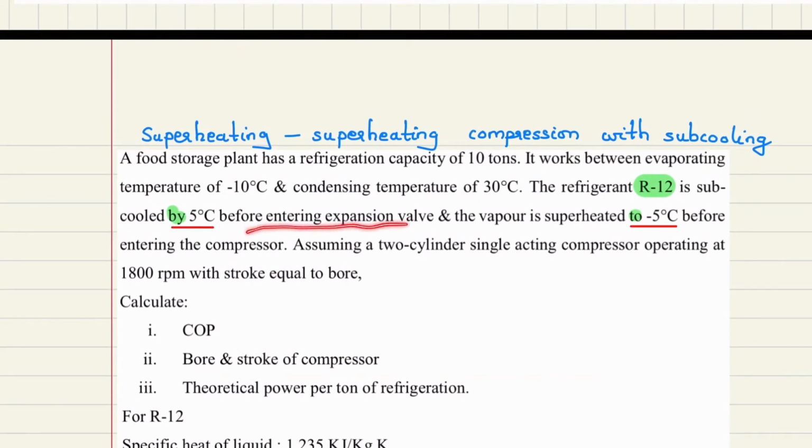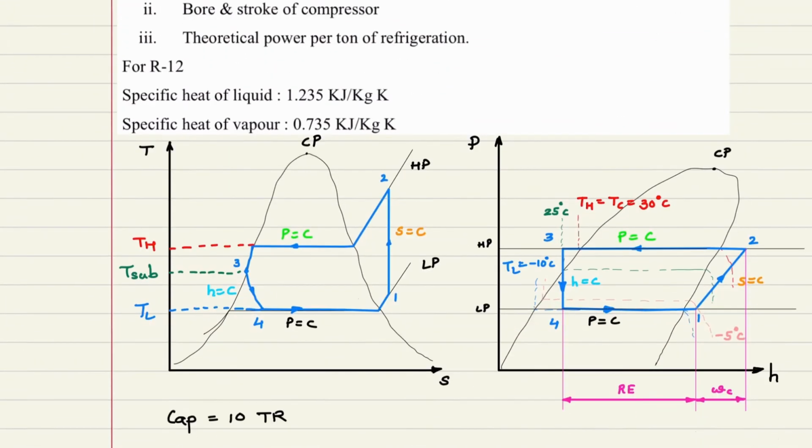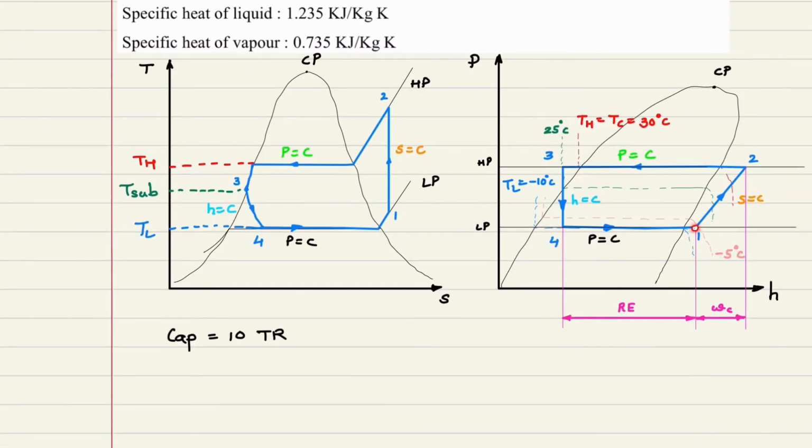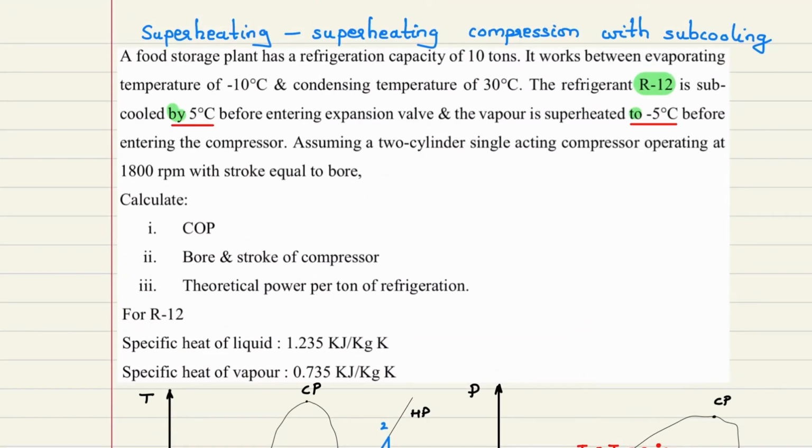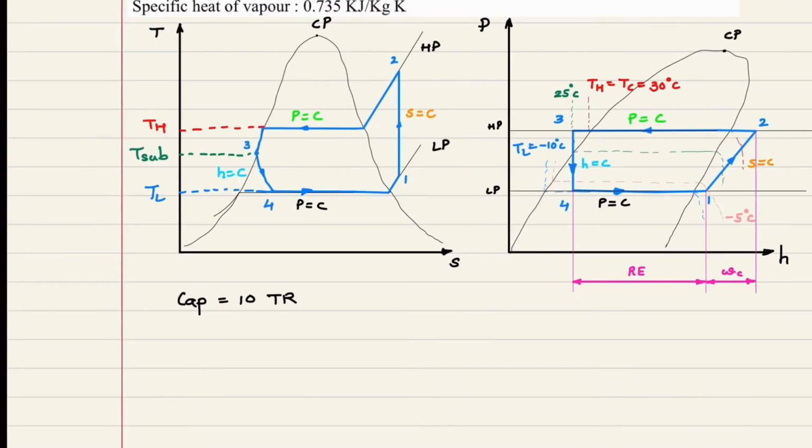before entering the expansion valve, and the vapor is superheated to minus 5 degrees Celsius before entering the compressor. Before entering the compressor means point number 1. So here you can see point number 1, its temperature. Read the data carefully. It is superheated to, which means the actual temperature is given. Now this temperature is minus 5.